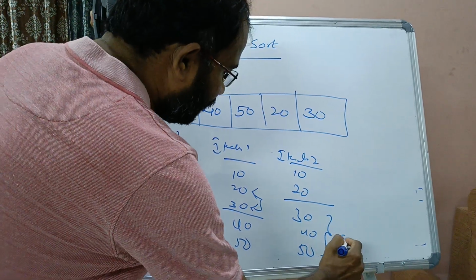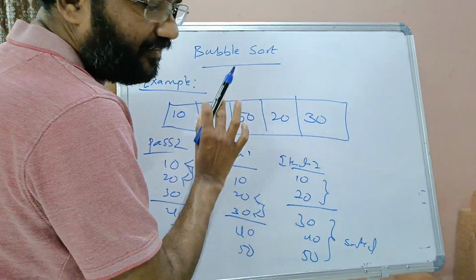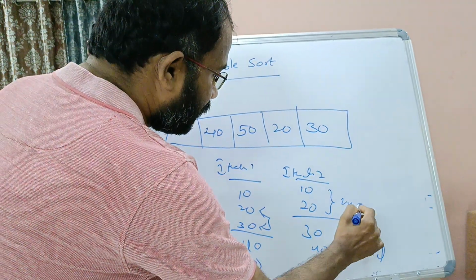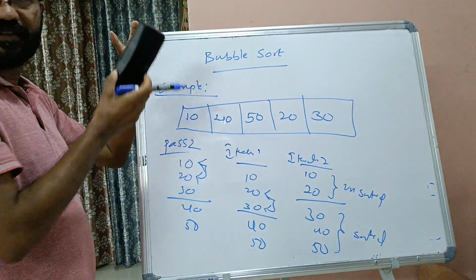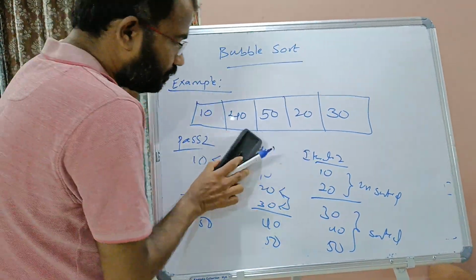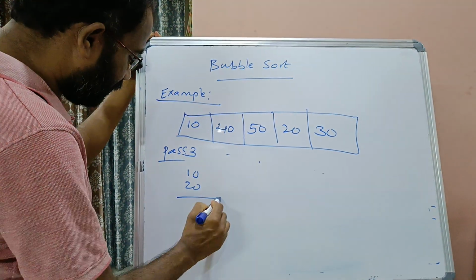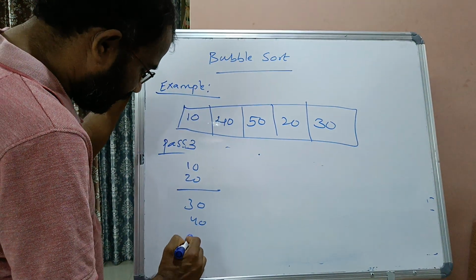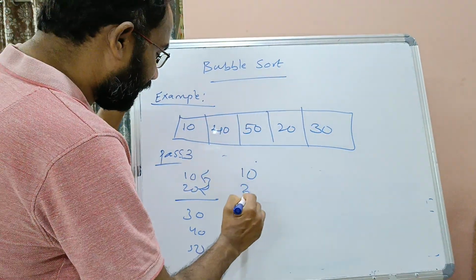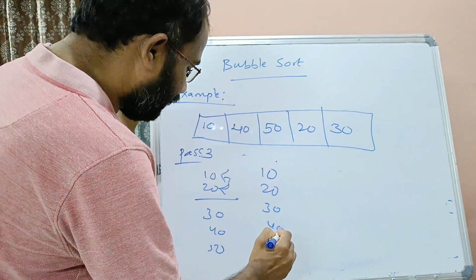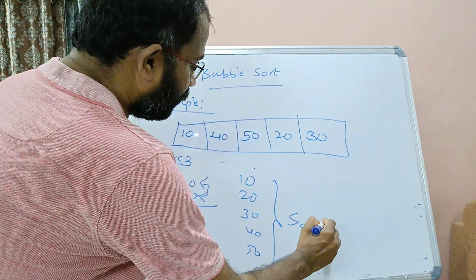We cannot directly call them sorted, so we need one more pass. In the last pass, there is only one iteration, where these 2 are compared. Finally 10, 20, 30, 40, 50. This is a completely sorted array.